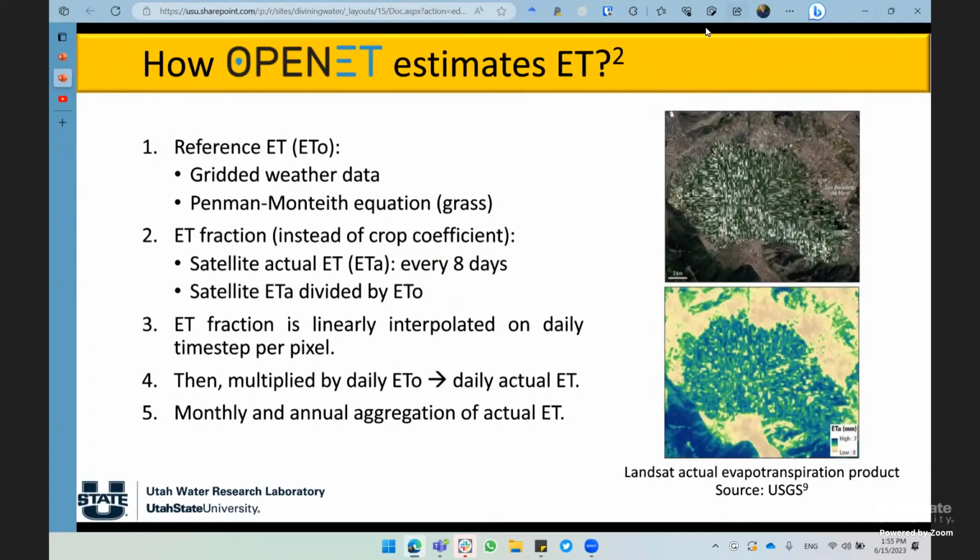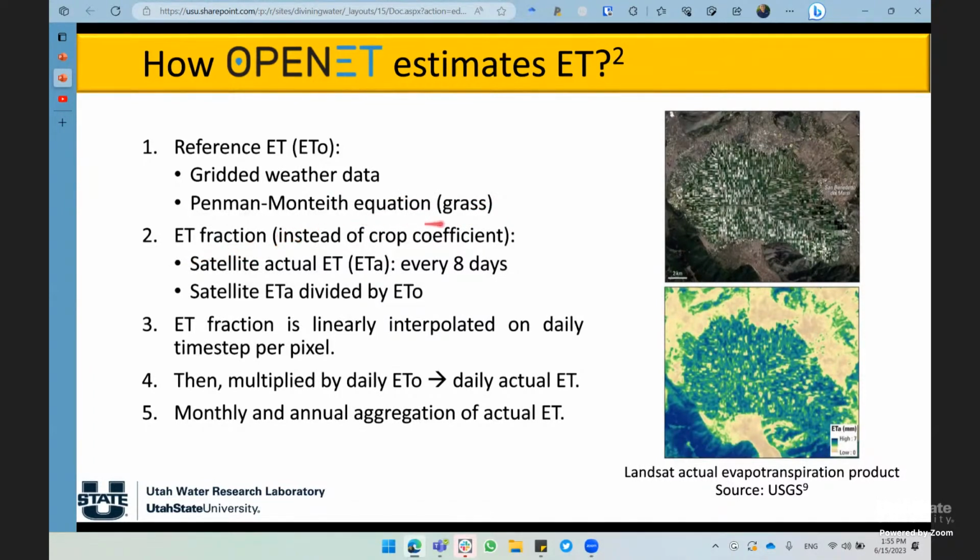Now, how does OpenET estimate ET? First, they estimate the reference ET, called ETo, from the gridMET data, and they use for this the Penman-Monteith equation to calculate reference ET for grass. Then, as a second step, they calculate the ET fraction.